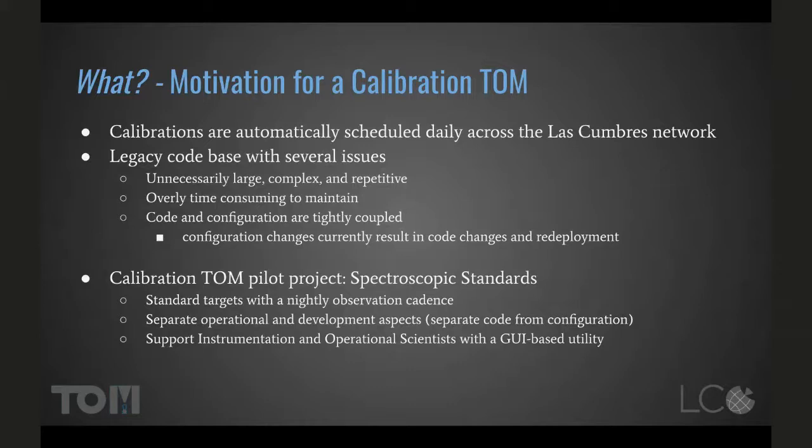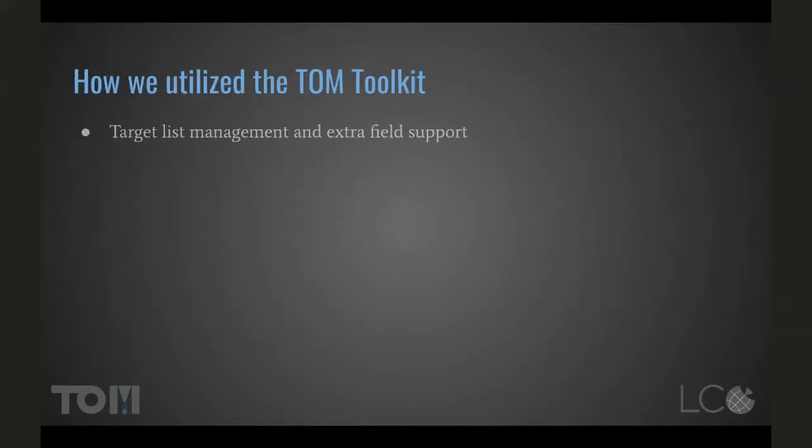Yeah, so the TOM worked pretty well for us, and I want to highlight a few features that we utilized that came in handy and that you might find useful as well. So we've heard a lot about targets, and one of the core features of the TOM Toolkit is target list management. And in particular, Rachel touched on this, adding arbitrary extra fields or metadata to those targets. In addition to that, there are a number of facilities that we and outside collaborators have created interfaces for to submit observation requests.